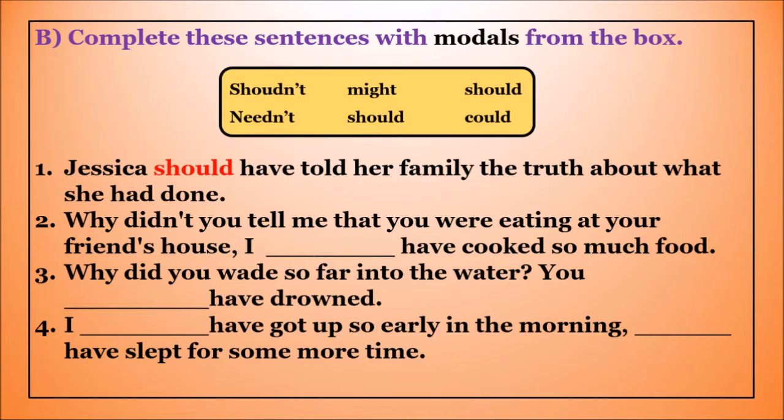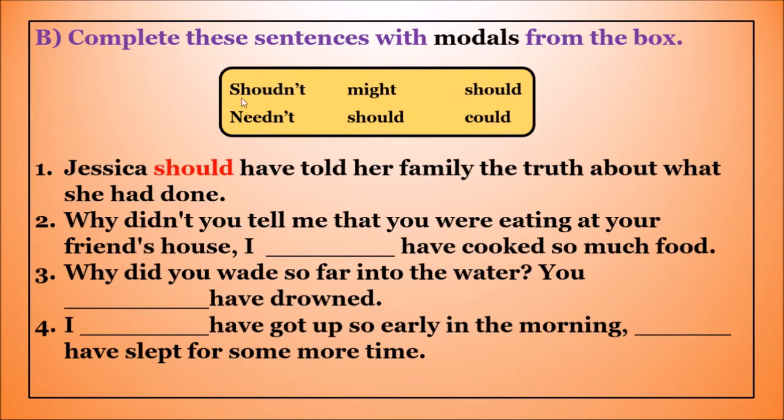For those 10 questions, the options given are only 6, which means these options can be used again and again if needed. So Roman B is: complete the sentences with models from the box.